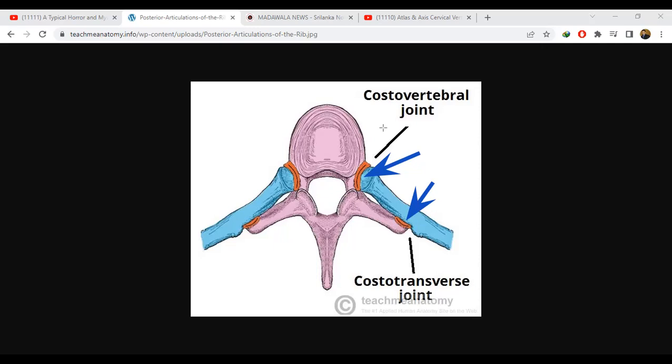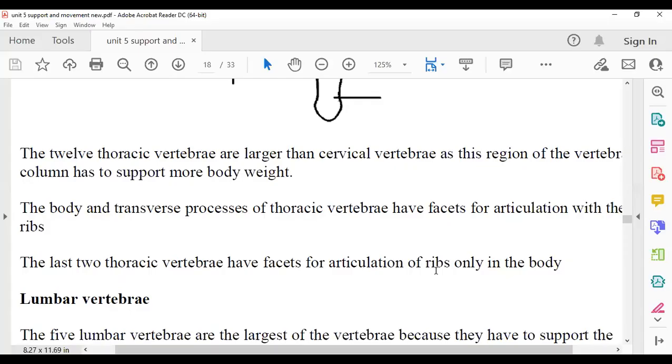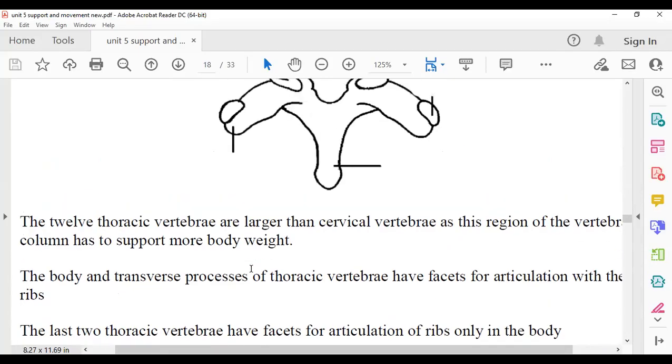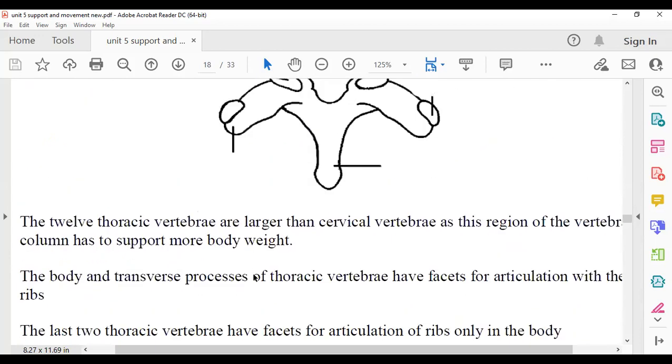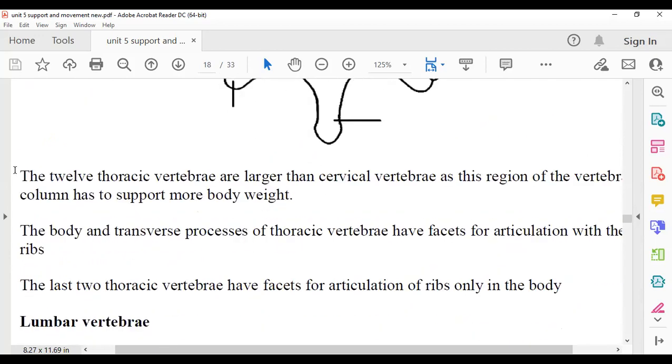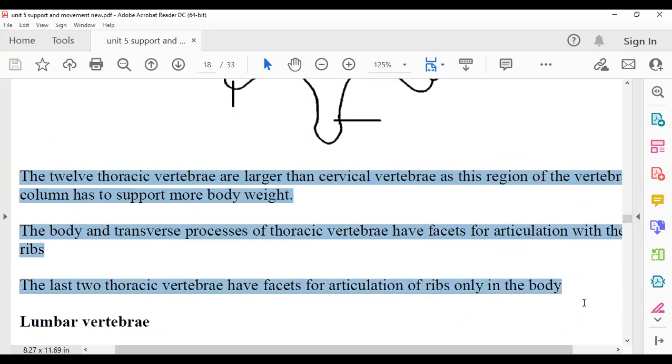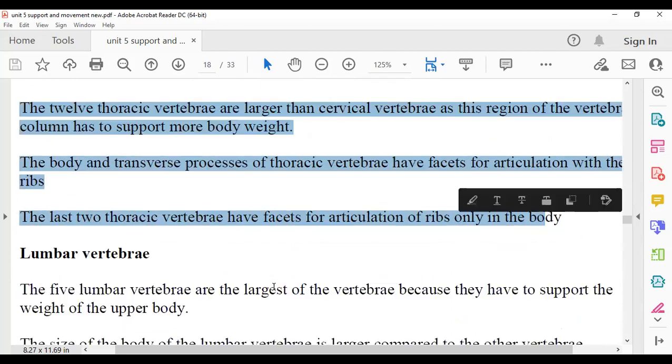Two articulation points are there. Clear? Yes, sir. Good. So please go through the thoracic vertebra and tell me whether this is not. Okay, it's not. Please go through it.